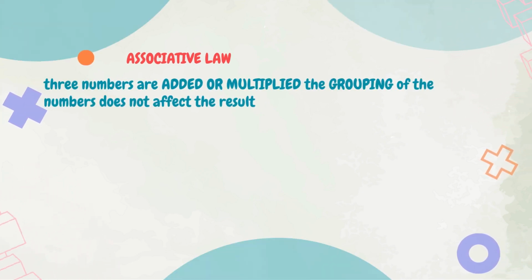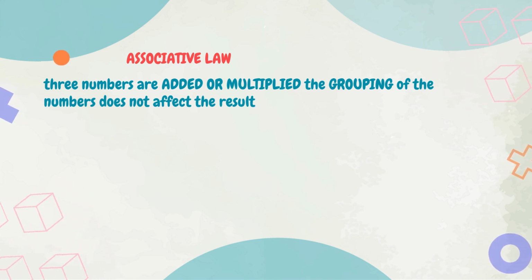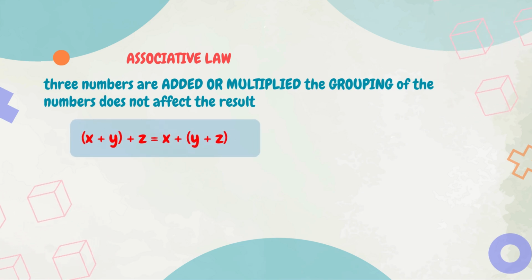Now let's explore the associative law. Associative law states that when 3 numbers are added or multiplied, the grouping of the numbers does not affect the result. If 3 numbers are x, y, and z, then (x plus y) plus z is equal to x plus (y plus z). This means when adding 3 or more numbers, if we start by adding x and y and then add the result with z, or start by adding y and z and then add the answer with x, we get the same results.